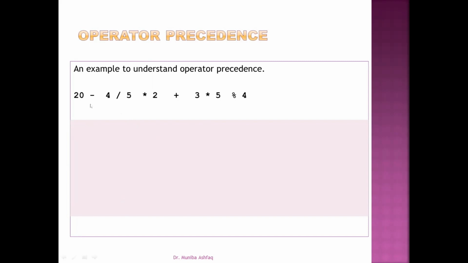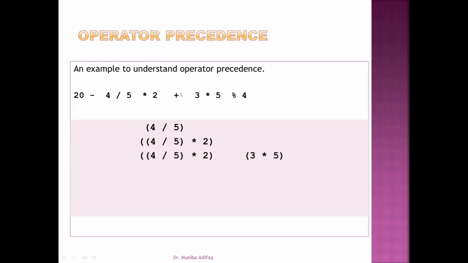While going from left to right, we encounter a division sign in between 4 and 5. So 4 divided by 5 will be evaluated. Then move forward. Here you can see you have the multiplication sign. It will be evaluated first. And again, this is plus.